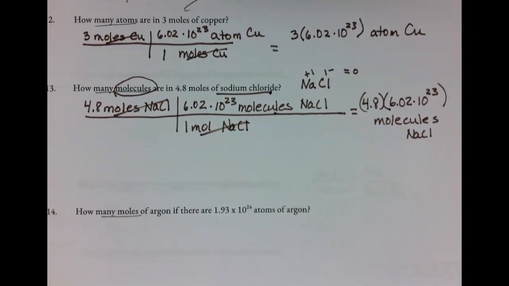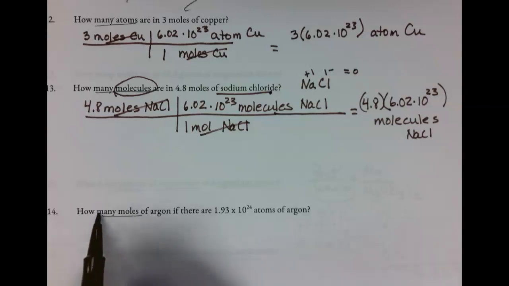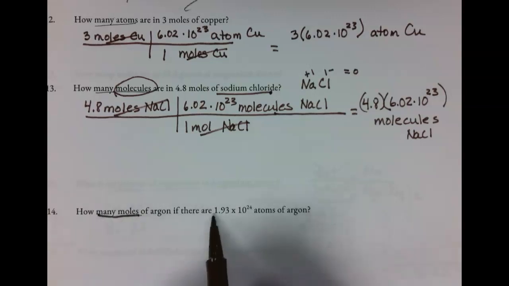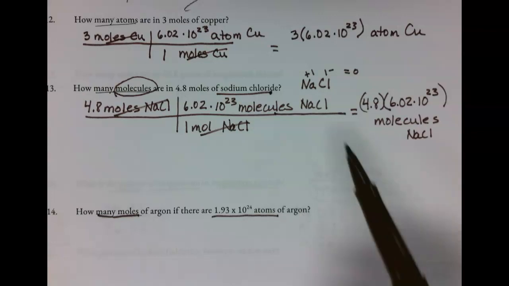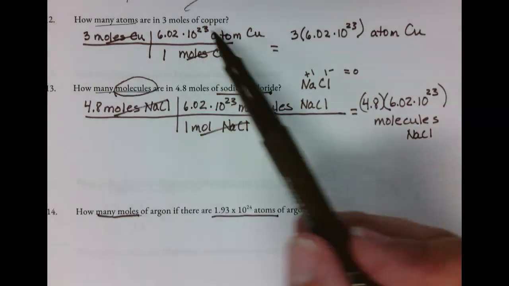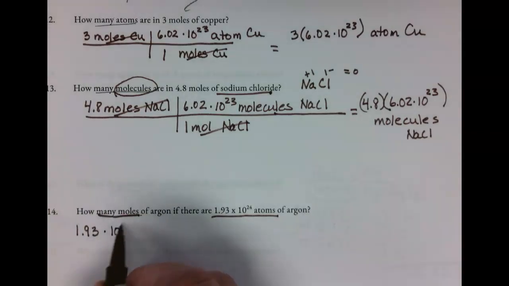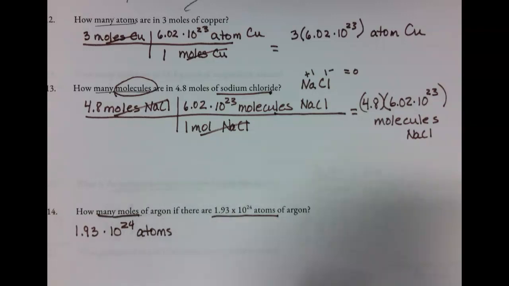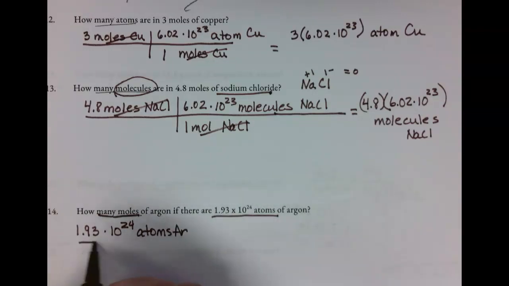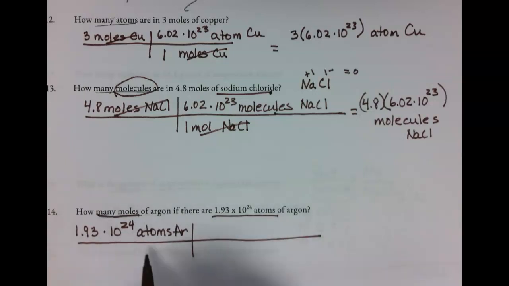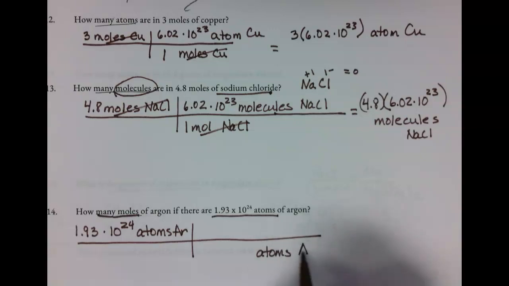Okay, number 14. Now this one's going the opposite way. It says how many moles, and this time it gives me atoms. So this is going to be just the reverse of this problem. What I mean by the reverse is that when I write down my given, the atoms of argon, now when I come to the denominator, I need atoms of argon.